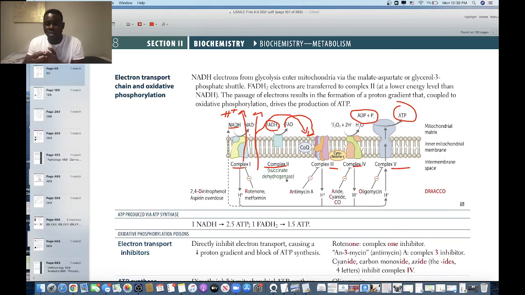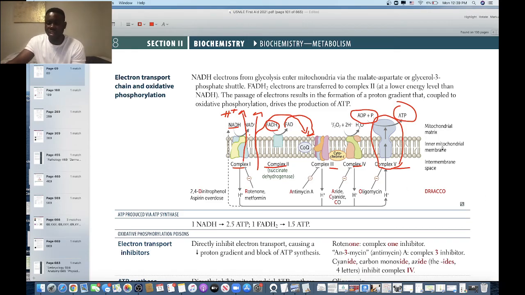So it is that electromotive force that we gather at the end of the day, and that force is used to combine ADP and the inorganic phosphate to make ATP. What makes the ATP finally is this one over here, the ATP synthase, or ATP synthetase.